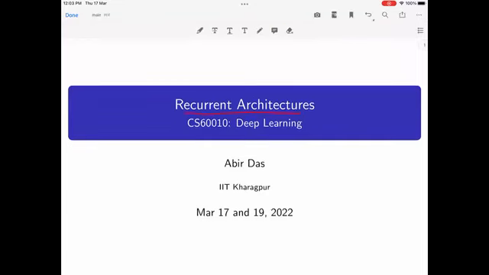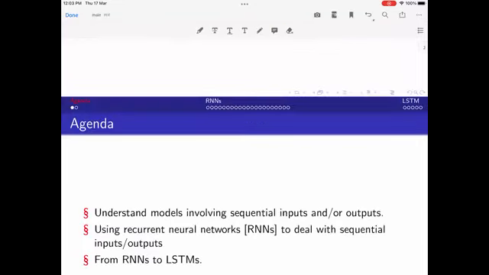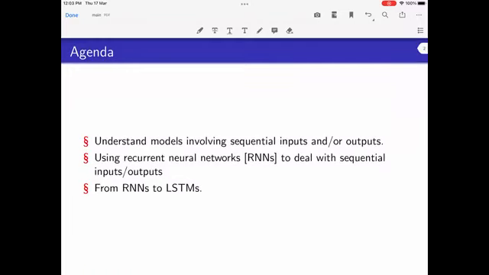Okay, it's a bit lagging. I'm not sure. Let me just once more share it. De-share it rather. It's a bit lagging. One second.